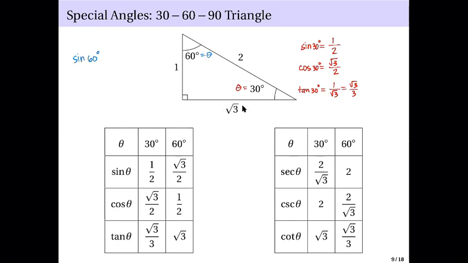This becomes the opposite, and this becomes the adjacent, because this is the angle. The opposite side to the 60 degrees is square root of 3, divided by the hypotenuse, that's still 2. So you see that it's square root of 3 over 2.